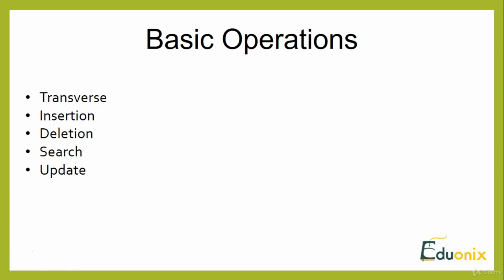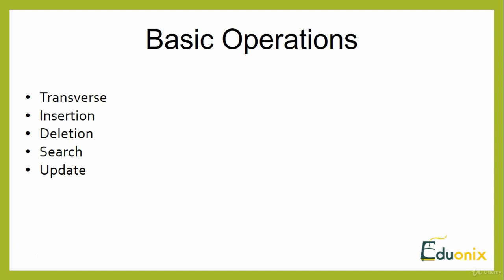Last but not the least is the update operation. Update, as the name suggests, is updating a particular value. So the update operation refers to updating an existing element of the array at a given index. The difference between insertion and update is that update replaces the values of the existing index.